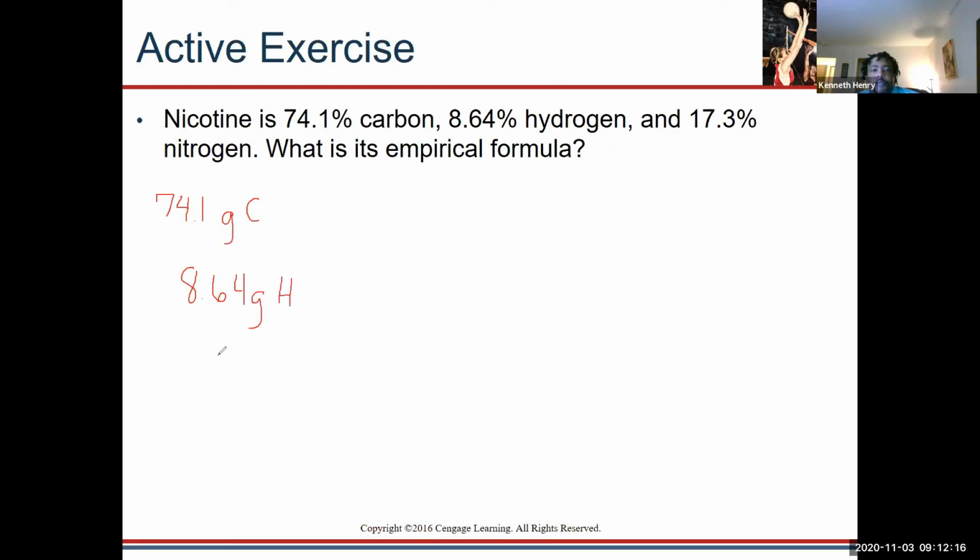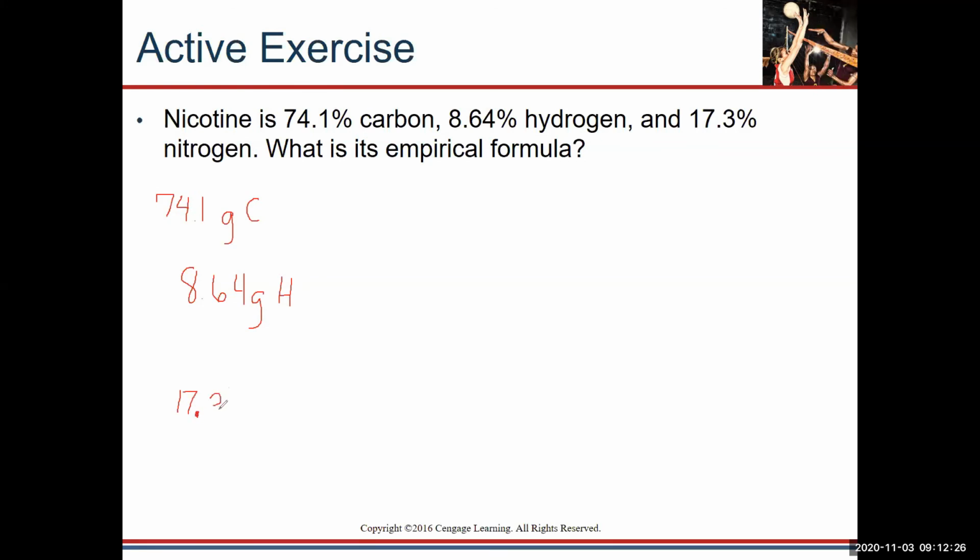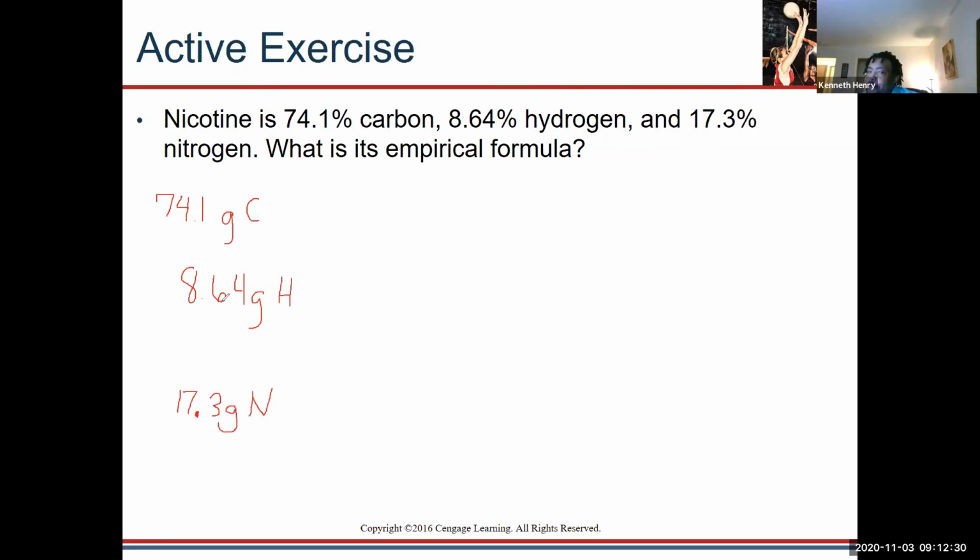And how much would be nitrogen? 17.3. Yeah. Okay, now does that make sense?